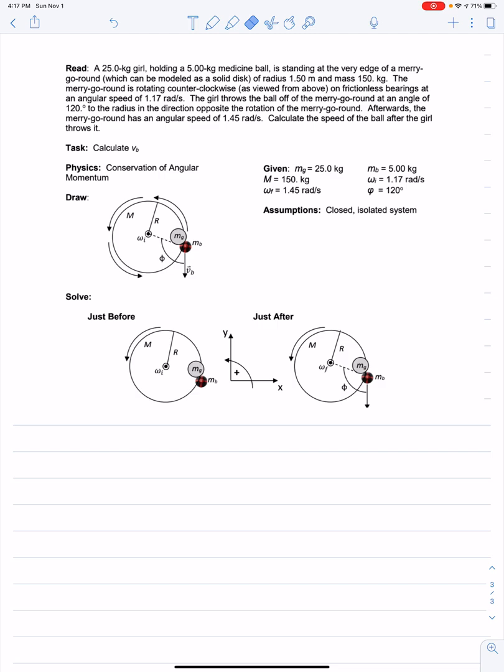You should see it in the course lesson of conservation of angular momentum, and click on the course supplement. You should see this problem. This is just to emphasize the importance of why it needs to be in a perpendicular way. So I'm giving you a second to read the problem.